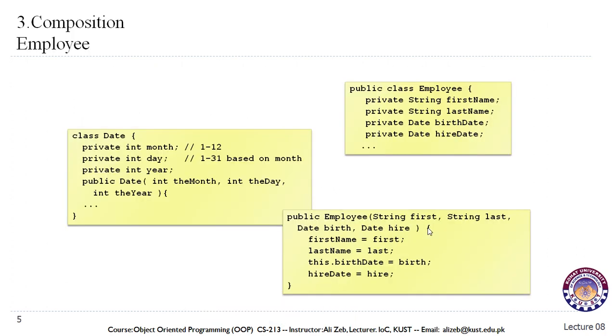So if we look at these classes, as we can see over here, we have a date class, and the date and employee have a has-a relationship. Many classes will show us a has-a relationship.